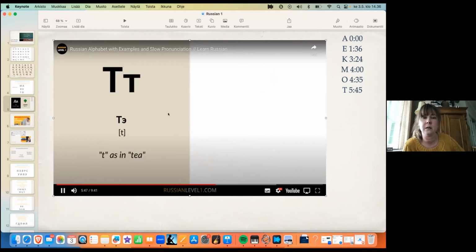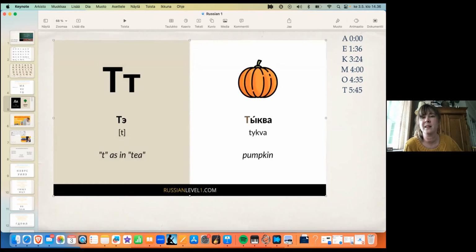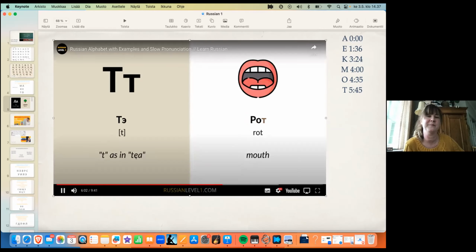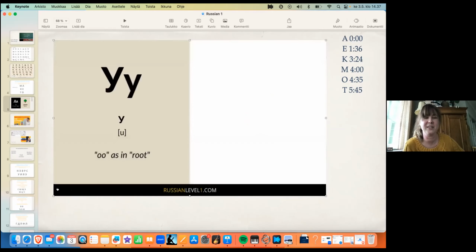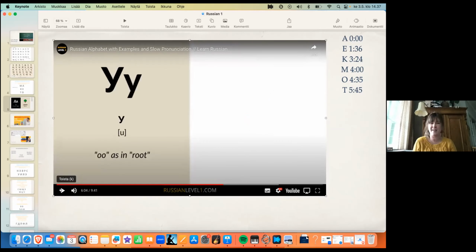Te. Tykva. Rot. Good job. Okay, so now we have already practiced AM keto letters. So we already know the six easiest ones.